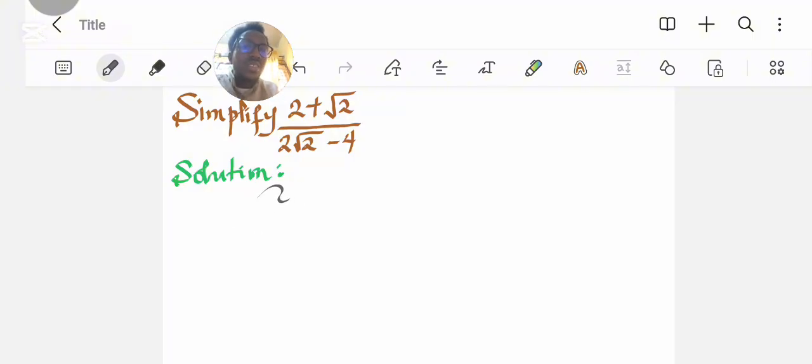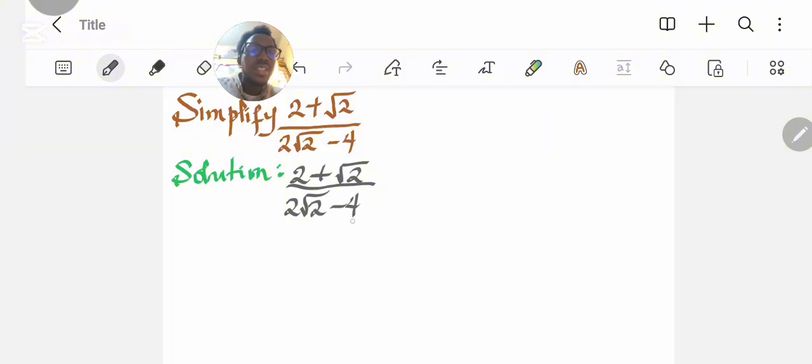Now, in simplifying questions like this, the pattern we are going to use is a little bit different from the first case of rationalization of surds. If you look at the denominator, don't forget in rationalization of surds, we are concerned with the denominator because we don't want a situation whereby our denominators are carrying roots.